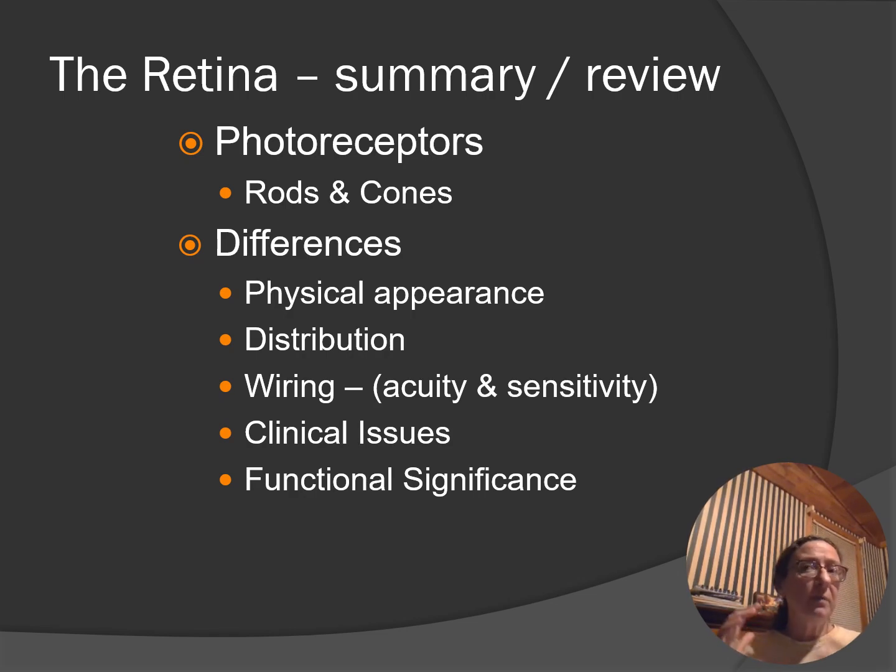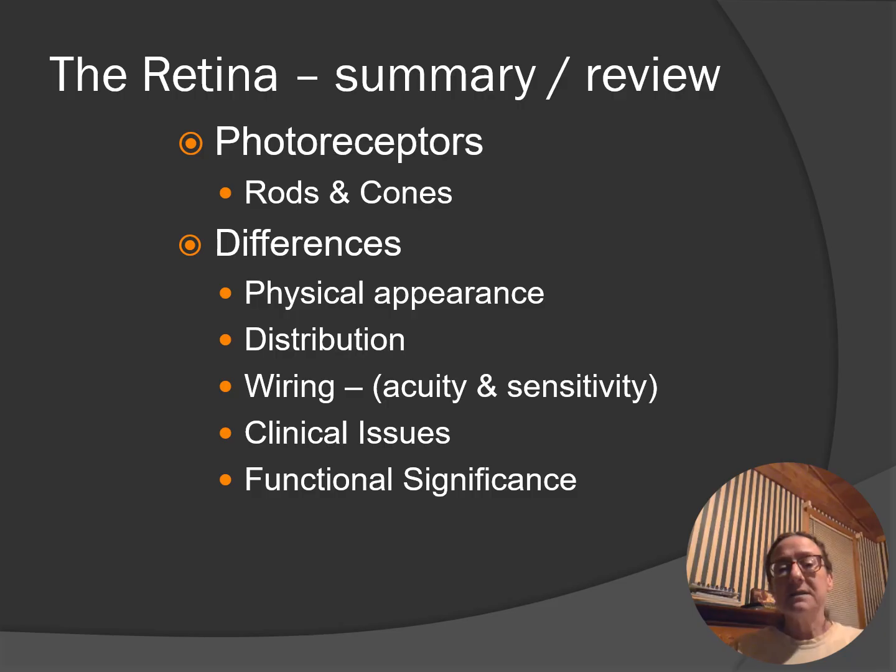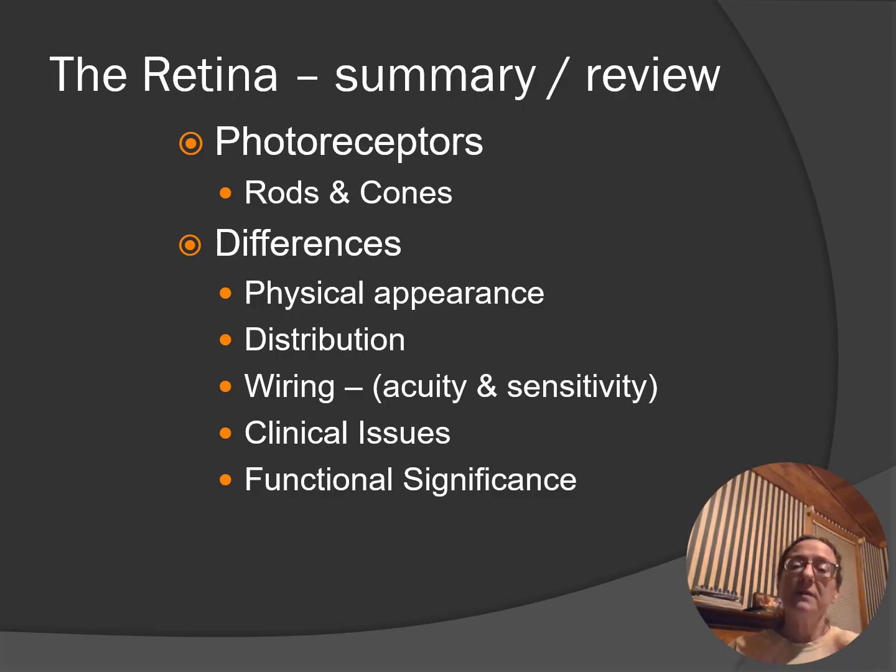I lose that acuity, but I do get to see small levels of light. We talked about some clinical issues, and as I was talking about those, I think you could start to see the functional significance of what the rods versus the cones are really giving us as far as our visual experience.